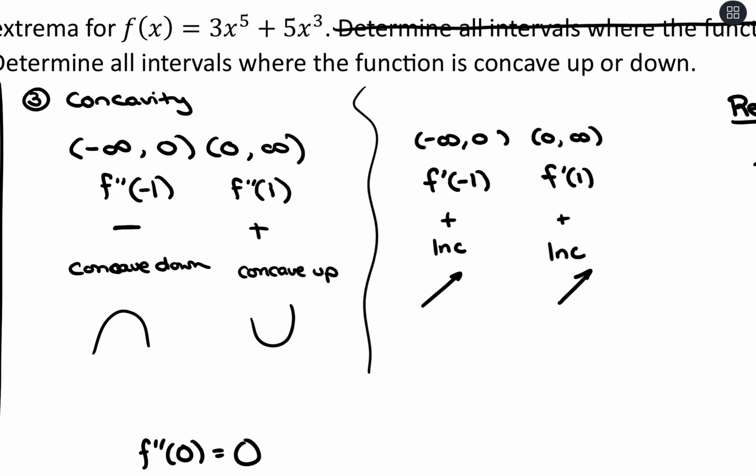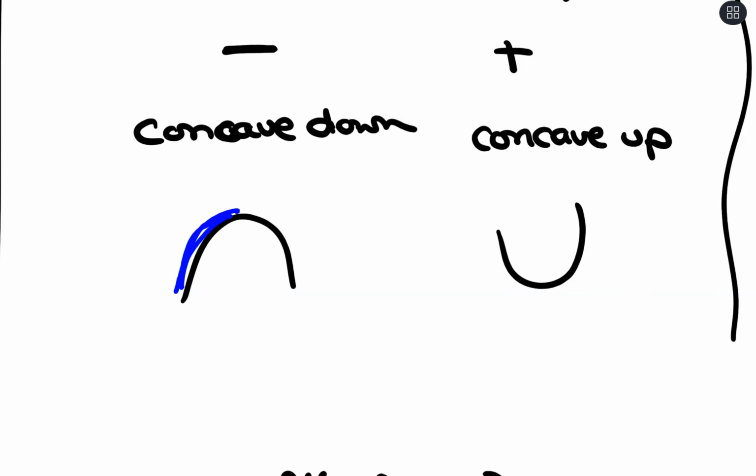Now, if we're concave down and increasing, what we're seeing is this part of the graph. And then concave up and increasing is this part of the graph. So if we smush those together, increasing concave down and then switching to increasing concave up, that's our inflection point. Switching concavity, but it is not creating a local minimum or maximum.